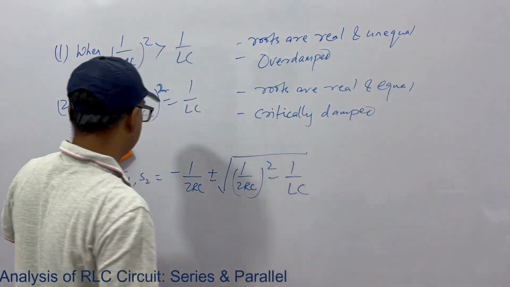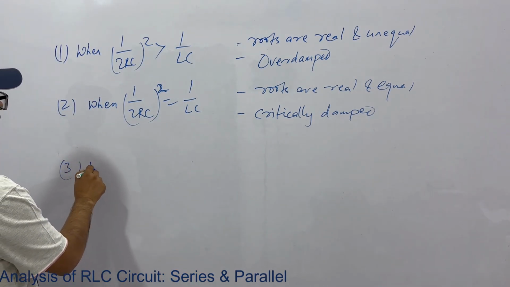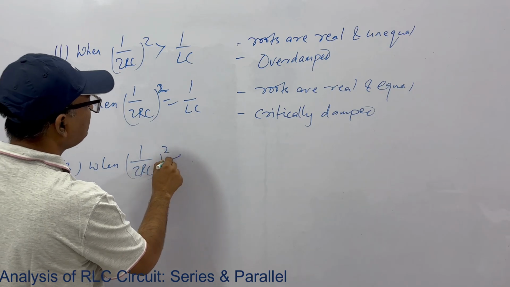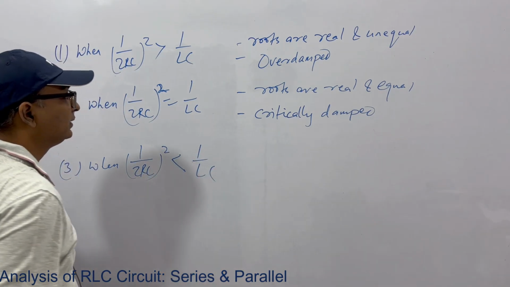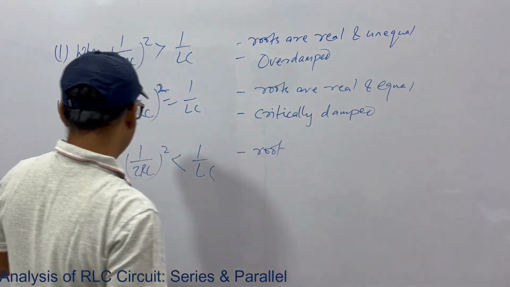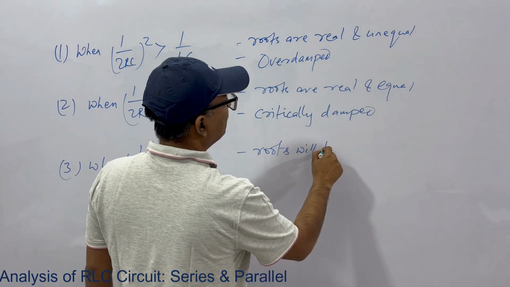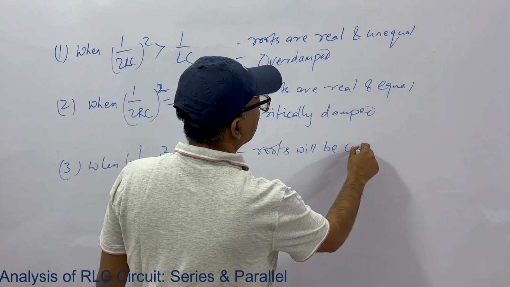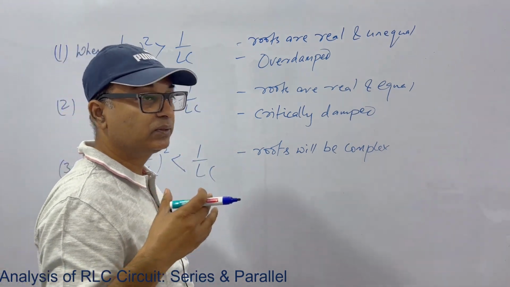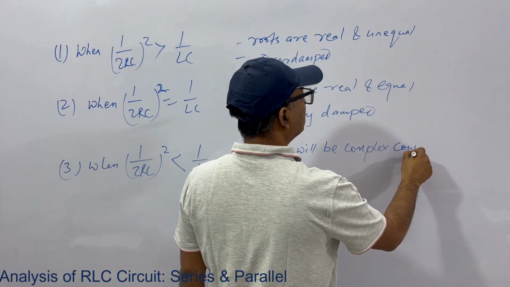And the third case is when 1 by 2 RC square is less than 1 by LC. When this is the case, your roots will be, as I told you, complex conjugates. You must be aware of what complex conjugates are; you must have studied this in the complex number chapter.